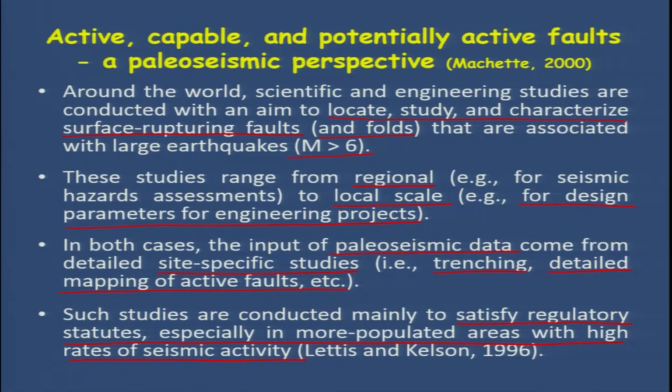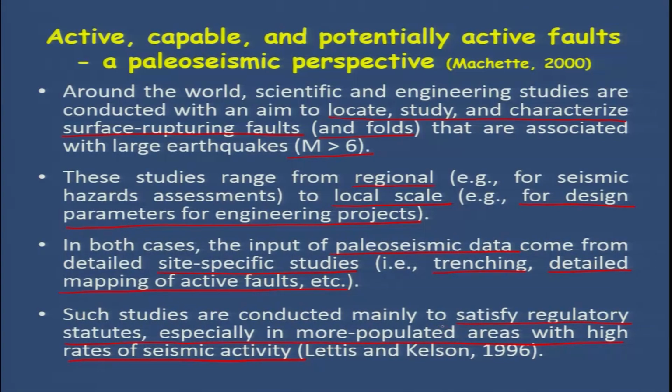And if we take the Indian subcontinent, then we have 3 zones. One is the Andaman Nicobar, Sumatra, Andaman Trench region, then the Himalayan collision zone and Kutch.